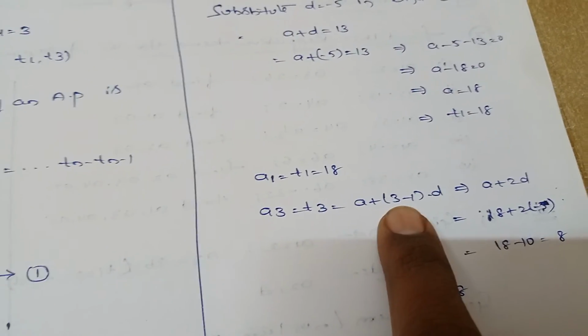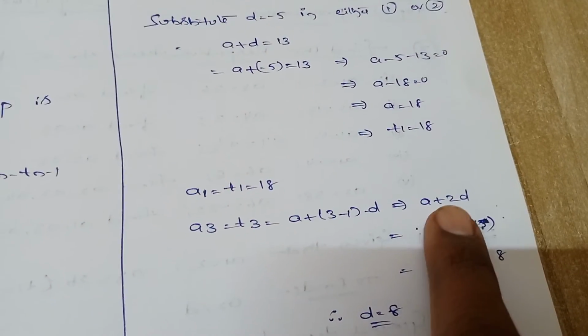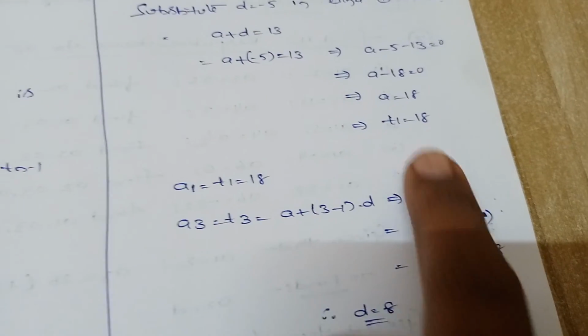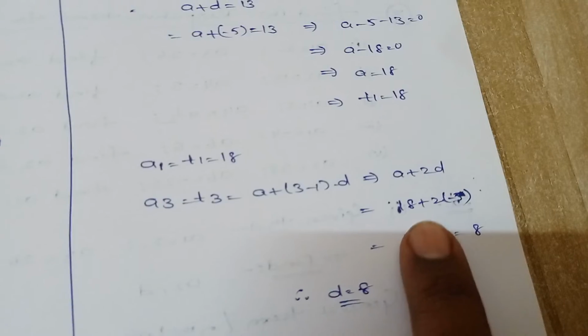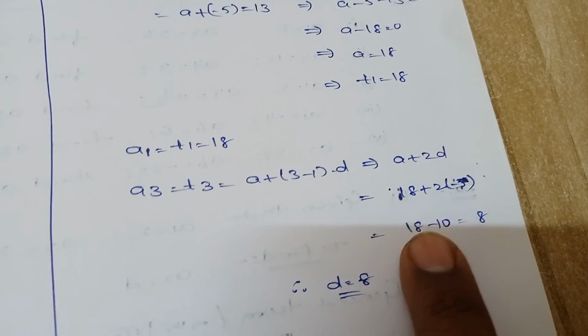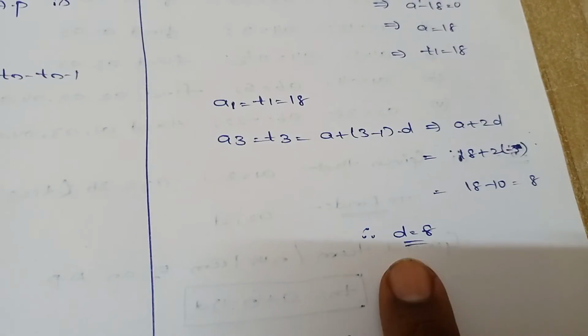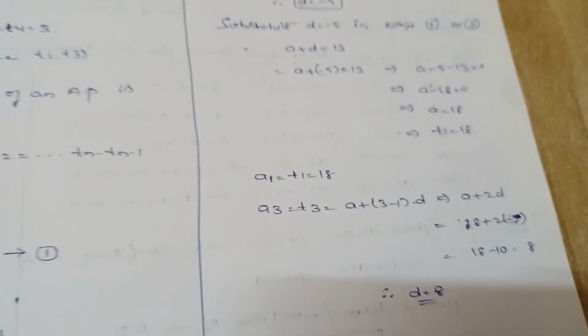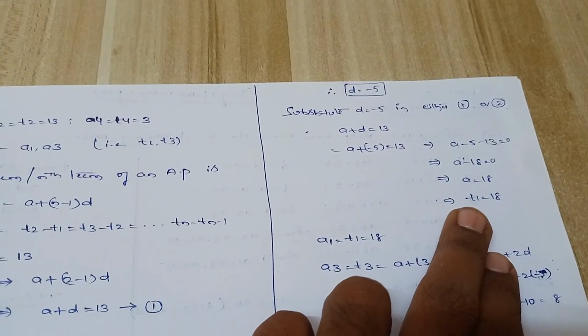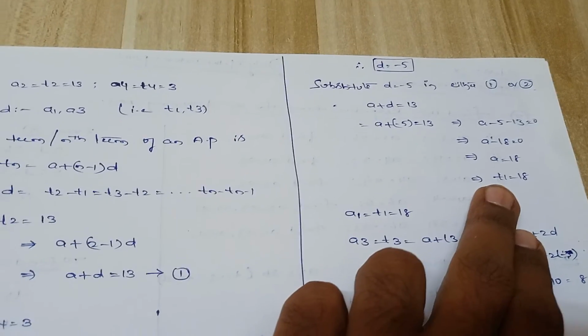Okay, A plus n minus 1 into D, nothing but A plus 2D. A value we got as 18 plus 2 into D value we got as minus 5. Substitute that and simplify. 18 minus 10, nothing but 8. Therefore, we got T3 value equal to 8, and the first term we got as 18.